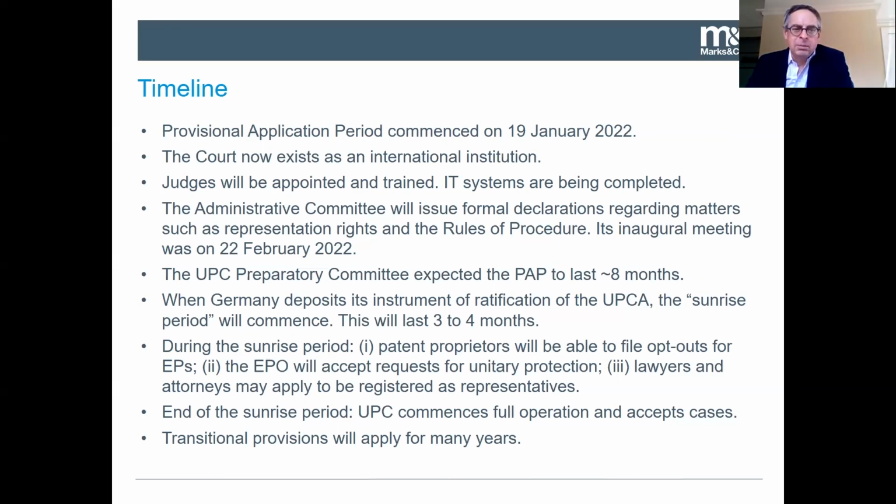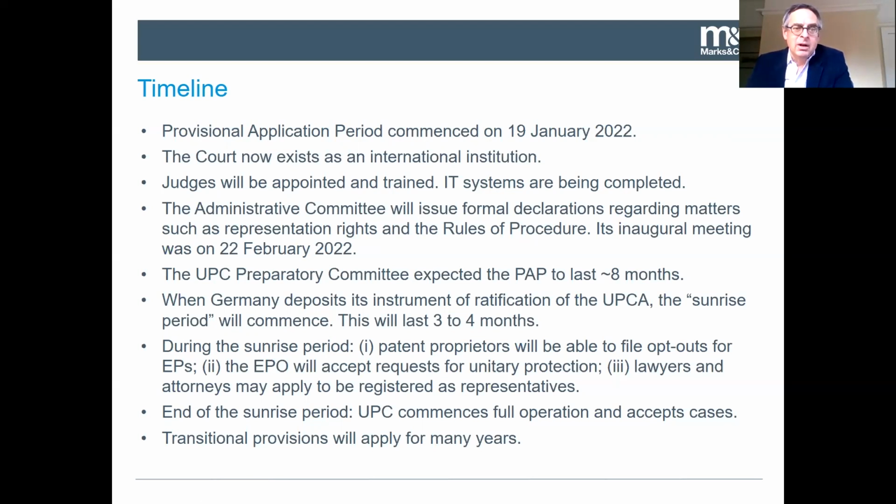Before the provisional application period started, there was a preparatory committee that was making draft rules, draft decisions. It's the administrative committee that will actually formally issue the rules, such as the rules of procedure, and formally make decisions such as rules relating to qualifications necessary for lawyers and attorneys to have representation rights.